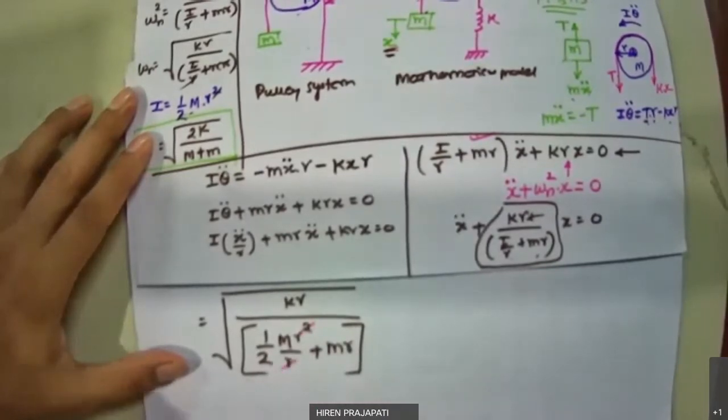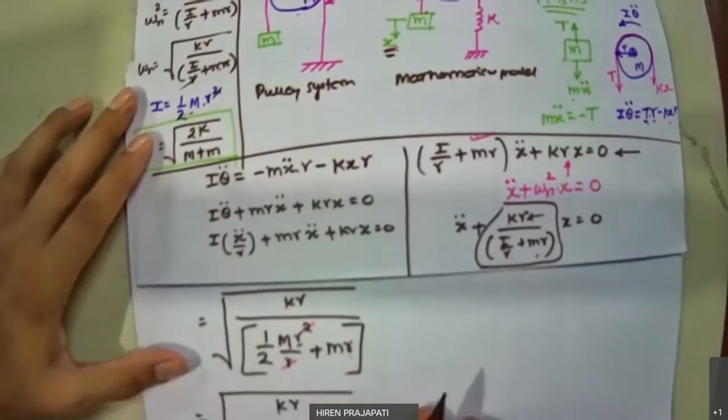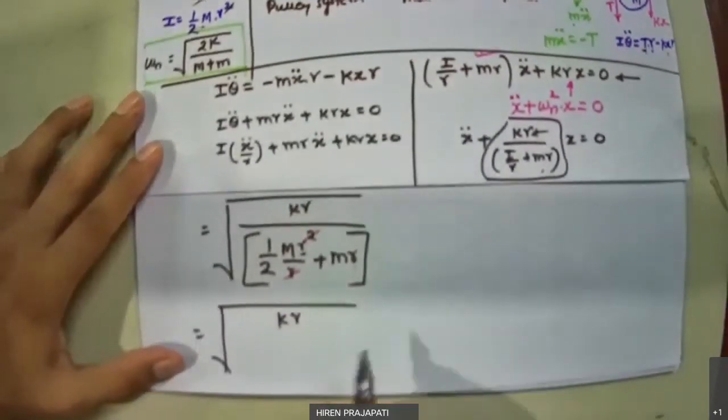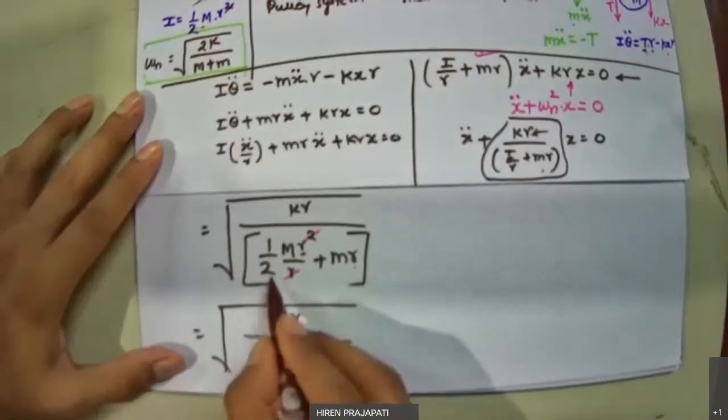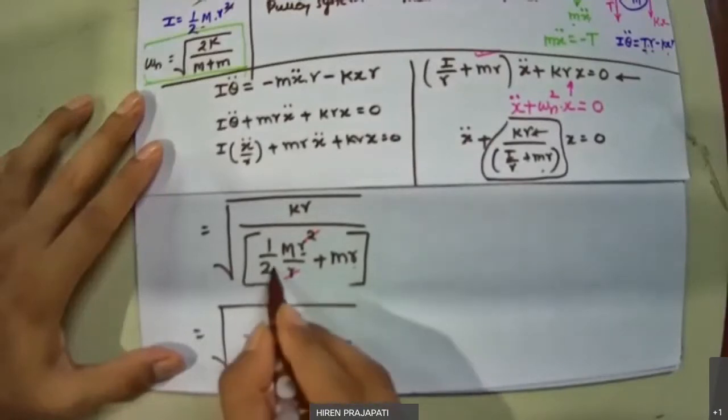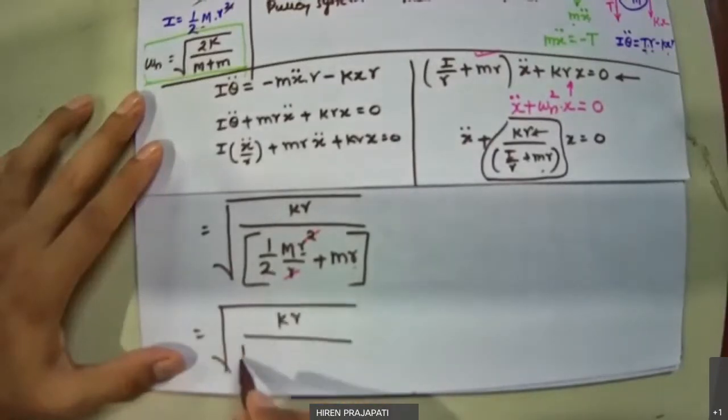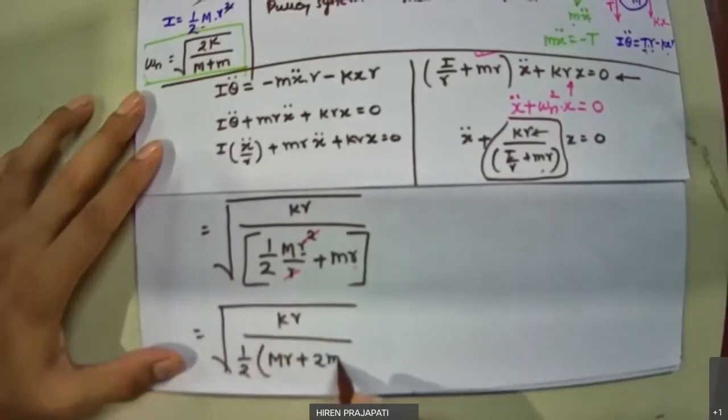Then the next step is, small r is common in both, so I take it common. So k r. Now if I want to take 2 as common, then 1 by 2, then I get here capital M R plus, if I take 2 common, then here I get 2 m r, right?